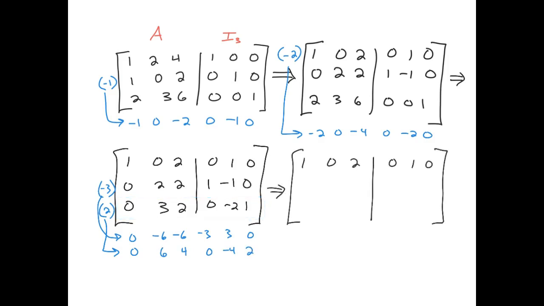Now I've copied over the top row because it's not involved in the transaction, and I need to pick one of the second or the third rows to carry over, and I'm going to keep the second one. It doesn't really matter, I just need to keep one of them. And now the third row is going to be replaced by the sum, and that's going to be 0, 0, -2, -3, -1, 2.